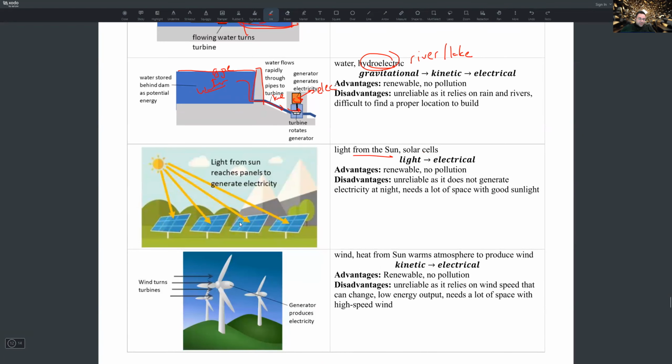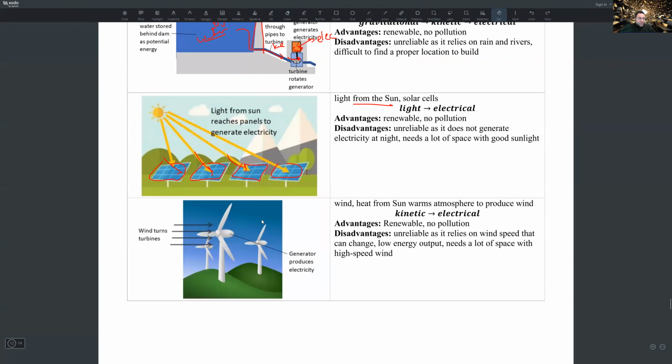Light from the sun can be used to generate electricity using solar panels. All we do is put solar panels, they get sunlight, there's no turbine, no generator, no moving parts at all. It's just an electrochemical reaction that converts light to electricity directly. Okay.